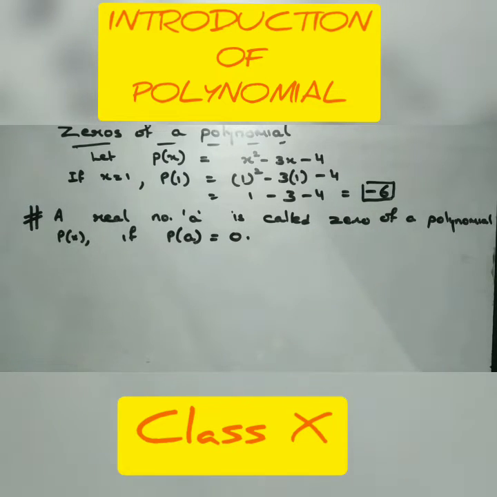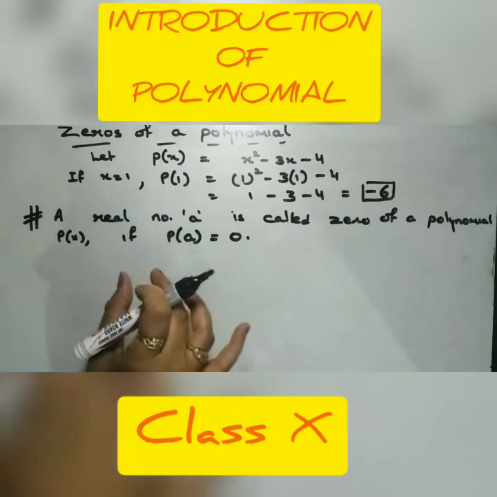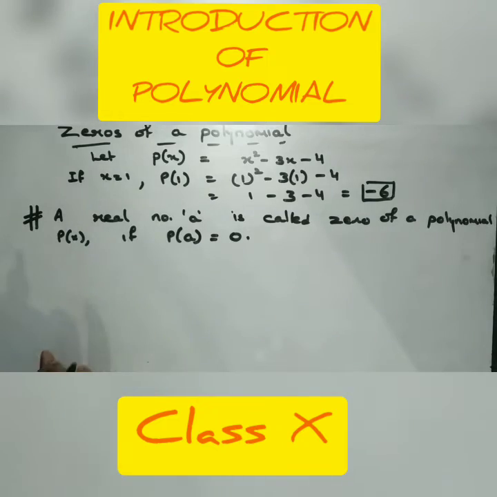This is the definition for the zeros of a polynomial. What is it? A real number a. a is any number, for example 1, 2, 3, minus root 2. Whatever you want, you can take. A real number a is called the zero of the polynomial if P(a) is 0.